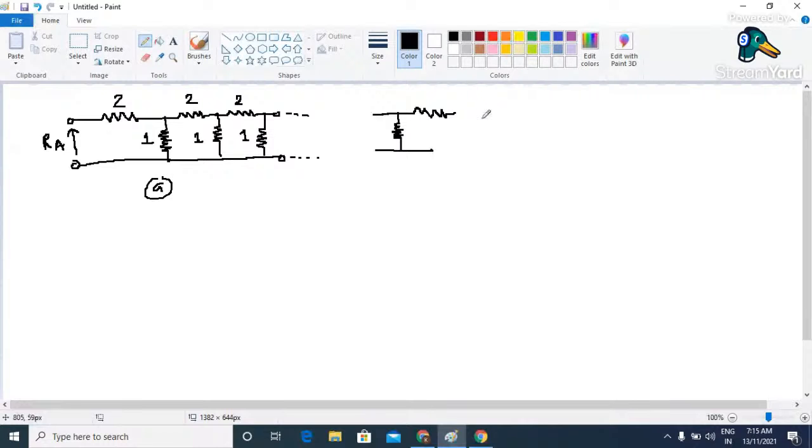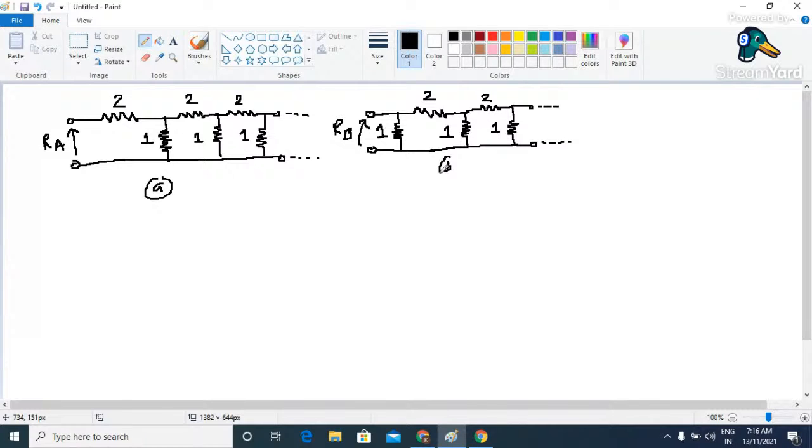Then again one more resistor over here, followed by the same structure which keeps on repeating like this, and it goes up to infinite. Now what are the values for these resistors? Here the value is 2 ohm, and here the value is 1 ohm. So here the value is 1 ohm, here the value is 2, here the value is 1, and so on. The equivalent resistance across these two terminals is indicated by the symbol RB. So this is circuit B.